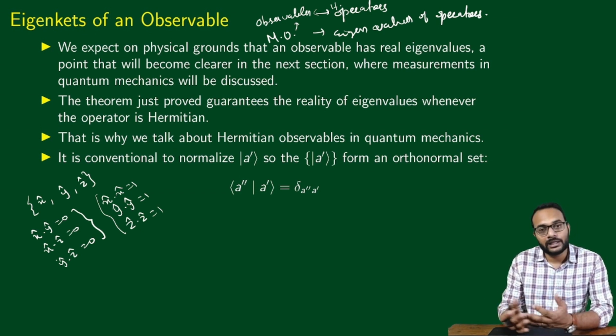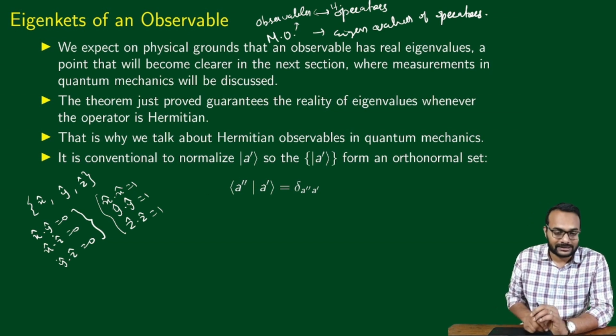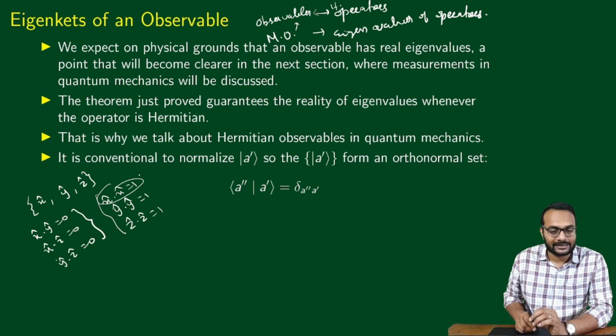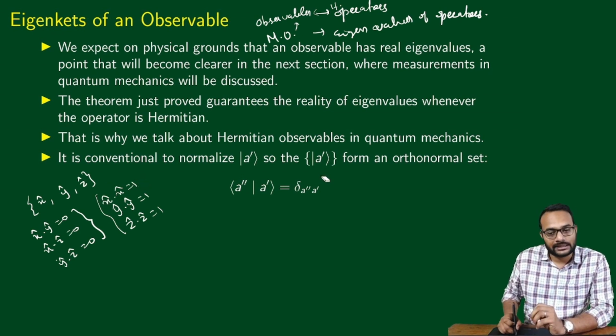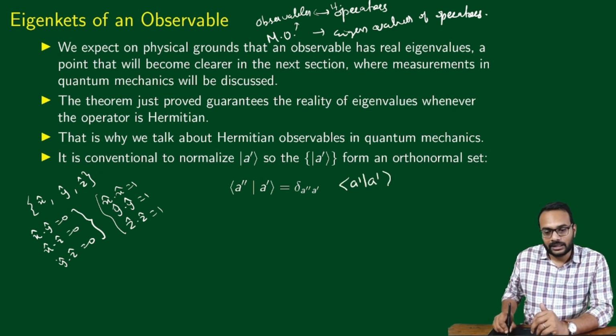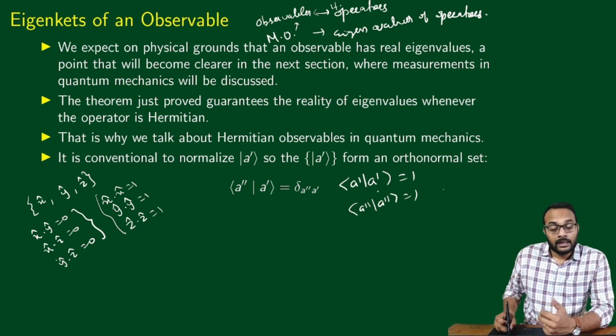So in order to make it orthonormal, we need something like this condition, x hat dot x hat equal to 1. In other words, we need these to be unit vectors. How do we make sure that these are unit vectors? By demanding that these are equal to 1. This means that the inner product is 1 if they are the same vector, and 0 if these are different vectors.